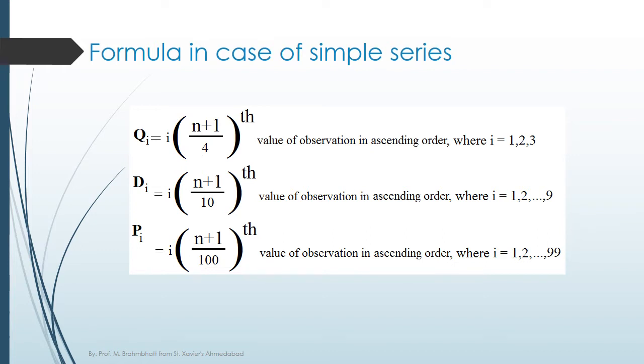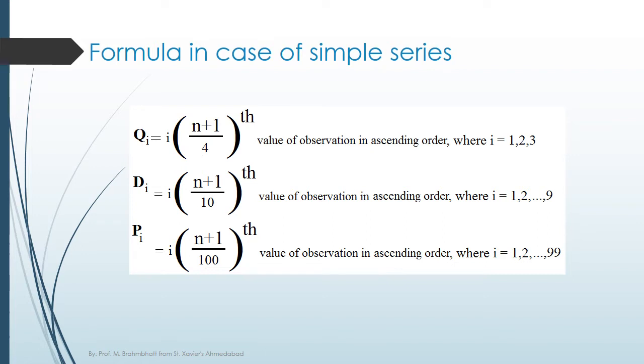So the formula in case of simple series for the quartile is Qi. This i can be either 1, 2 or 3. That means the first quartile, second quartile or the third quartile.